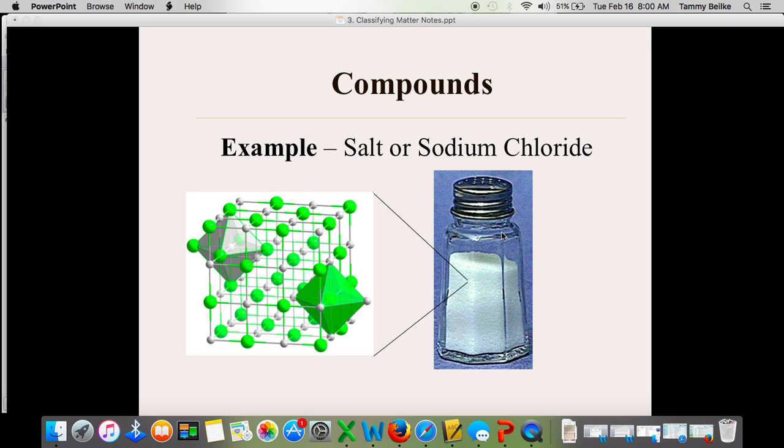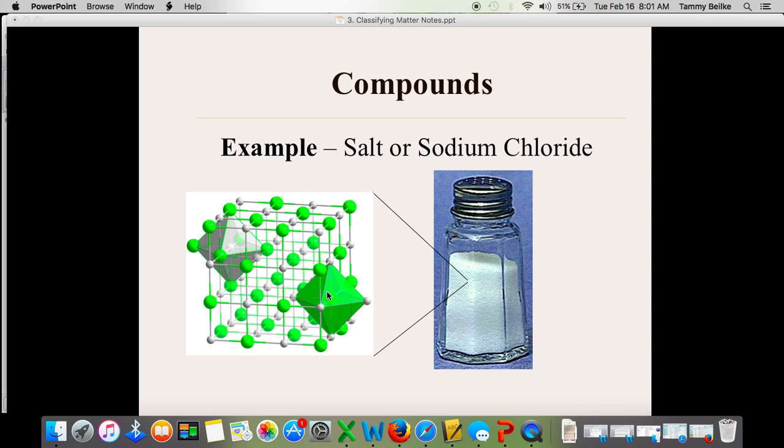Alright, so here's another example. Sodium chloride, or table salt. It's made up of sodium atoms and chlorine atoms. And you're going to notice this is actually the structure of sodium chloride. It's kind of an interesting structure because it's not just one single sodium atom and one single chlorine atom. It's a whole bunch of them, and they're all alternating. So if you look at this little gray sphere here, it is attached to 6 other chlorine atoms.